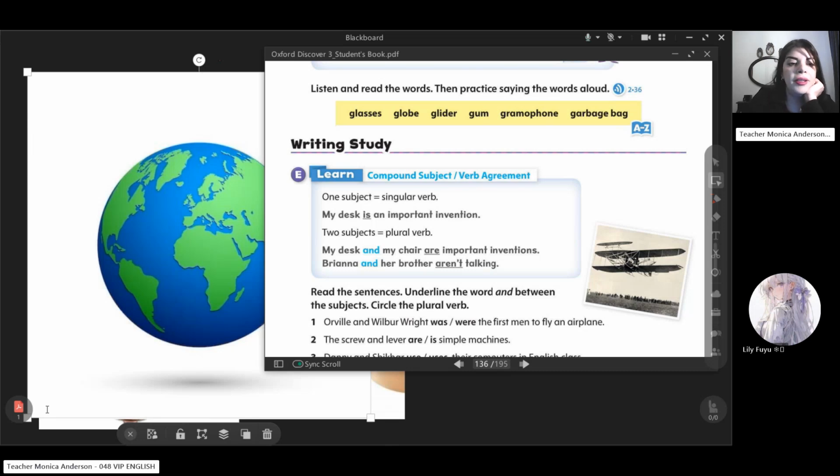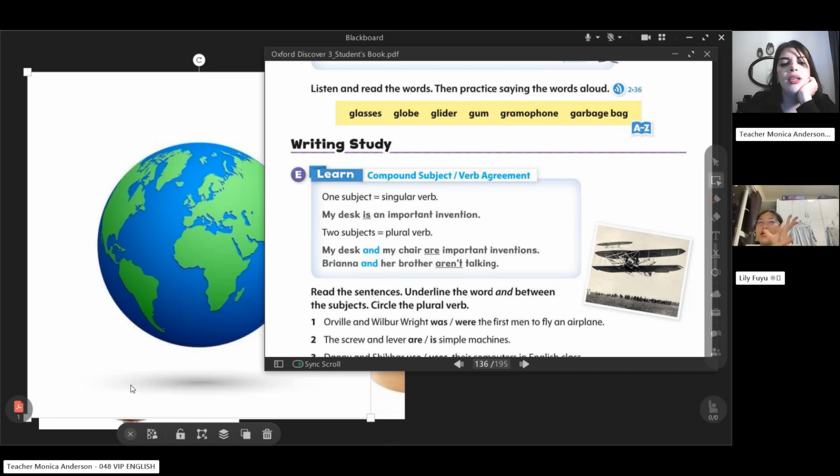Think. There are lots of words. It's the thing we put on the hand. What? Gloves, you mean?